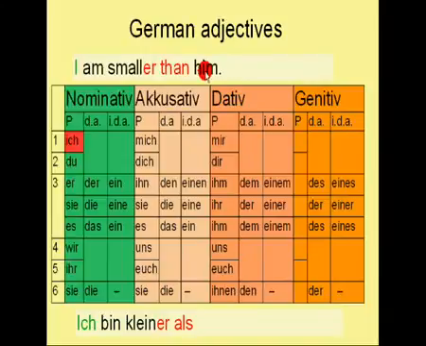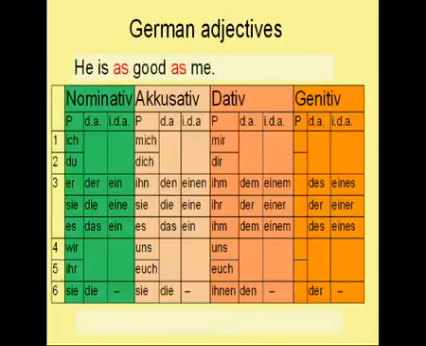We use for him also the nominative case. Him is in the third person singular, so the third person singular in the nominative case would be er. And so we would say in German, Ich bin kleiner als er.